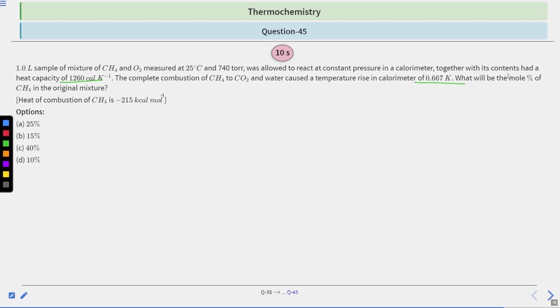What will be the mole percent of CH4 in the original mixture? The heat of combustion of CH4 is given as minus 215 kilocalorie per mole, and the options are 25%, 15%, 40%, or 10%. Here it is mole inverse. So you have 10 seconds to solve this question. After that, we will see the answer.